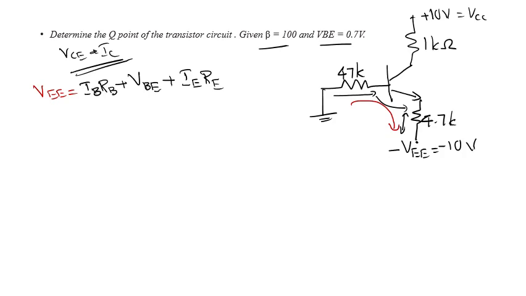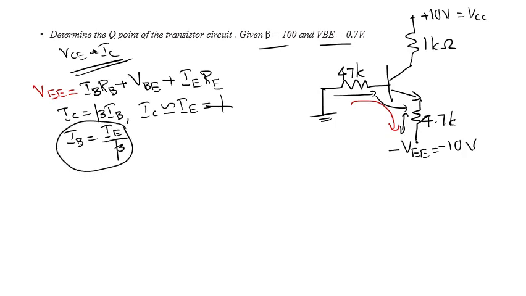So what is given is beta. So we know that IC is equal to beta IB. And we will assume that IC is almost equal to IE. So instead of IB, we can substitute IB is equal to IE by beta.